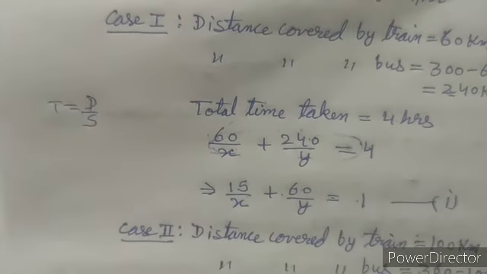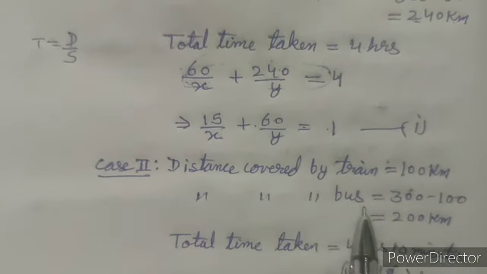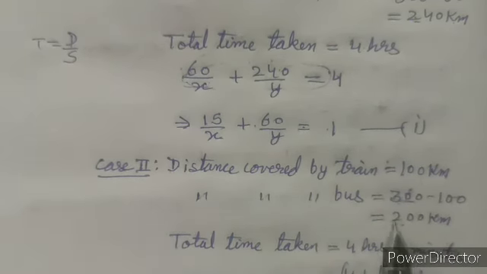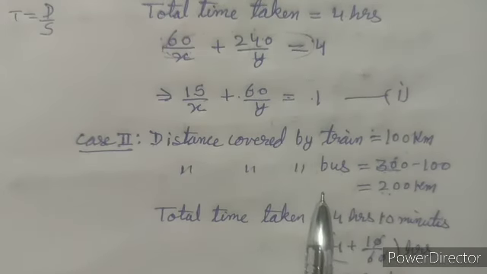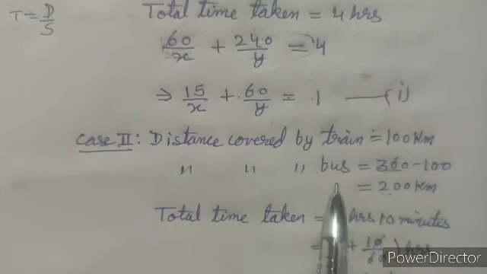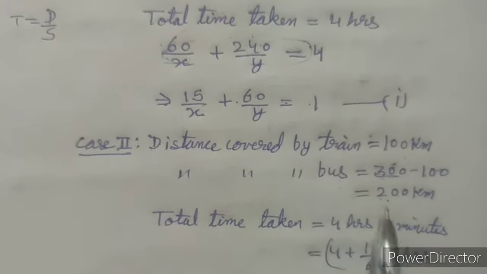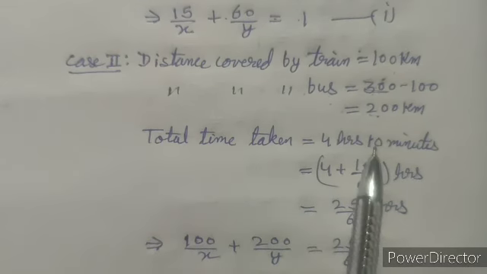Now in the second case, he is saying that the distance covered by train is 100 km. Therefore the distance covered by bus will be 300 minus 100, because the total distance covered was 300 km, and that will give us 200 km. Now in this case she takes 10 minutes longer, so the total time taken will be 4 hours plus 10 minutes, and we will convert these minutes into hours.